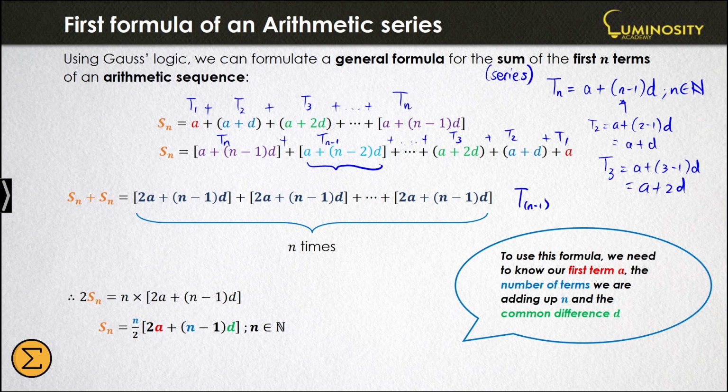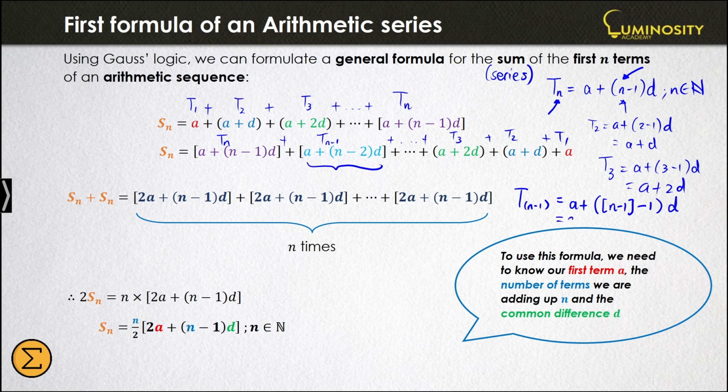So if n was 7, then the term just before T7 is T6, so 7 minus 1 is 6. So for the n minus 1 term, I'm just going to replace wherever there's an n with an n minus 1. So it becomes a plus, now instead of n, I'm going to write it as n minus 1. And then don't forget there's already a minus 1 in that brackets there, times d.